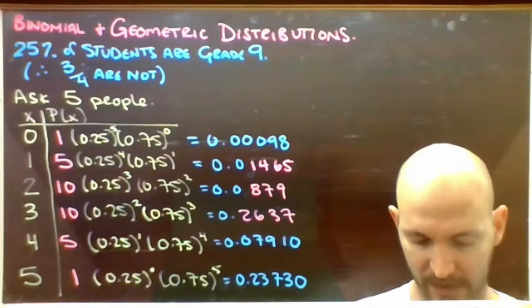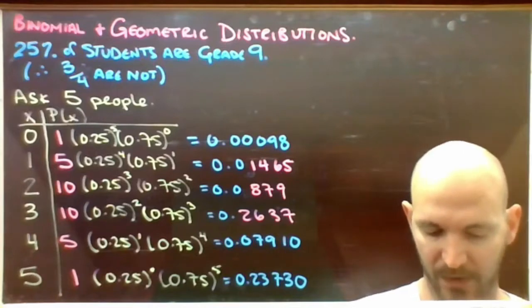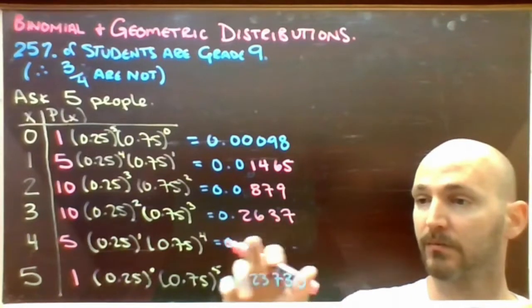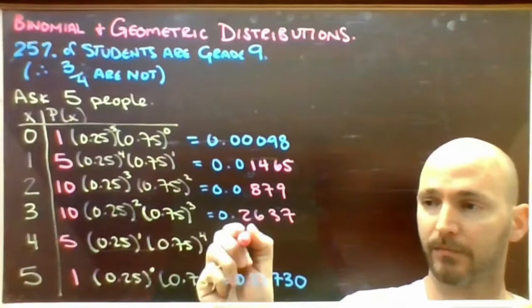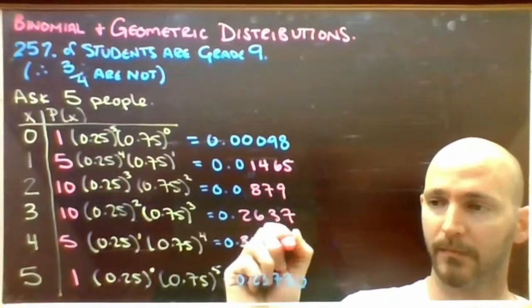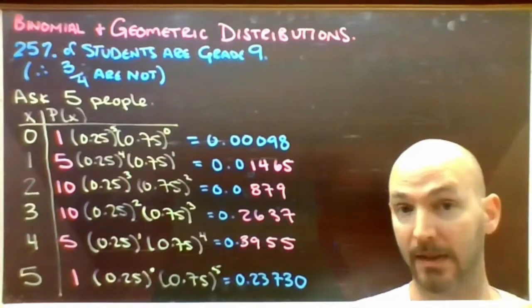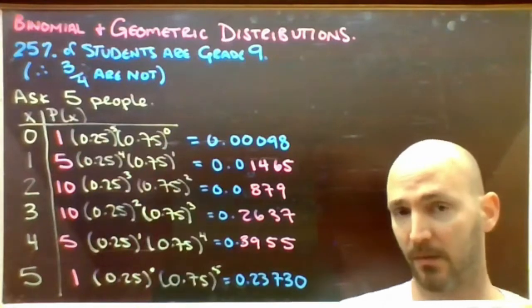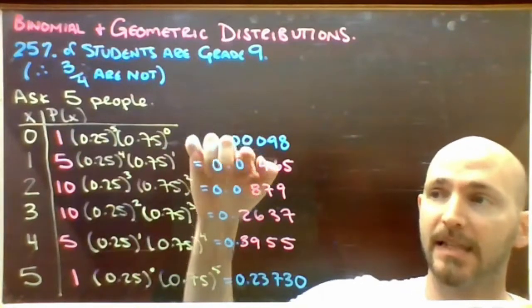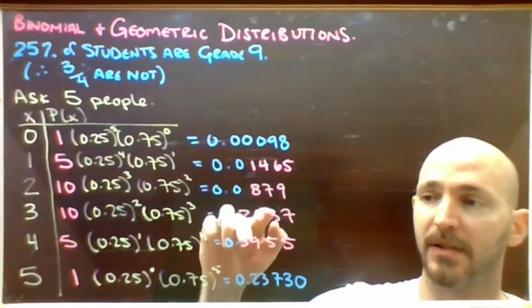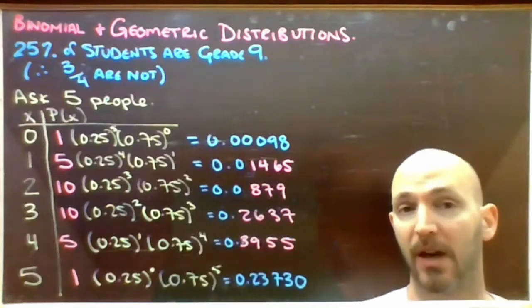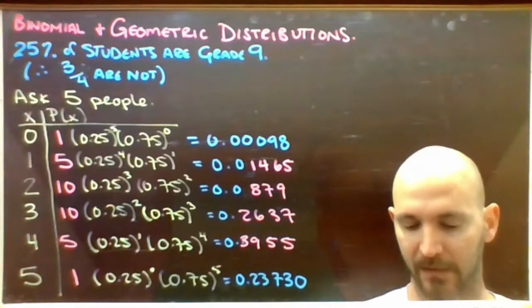So 0.0791 multiplied by 5 gives me 0.3955. Now that I've corrected this, just to prove that this is the right thing to do, if I add this plus this plus this plus this plus this plus this, I should get 100%. So I'm going to give that a try.